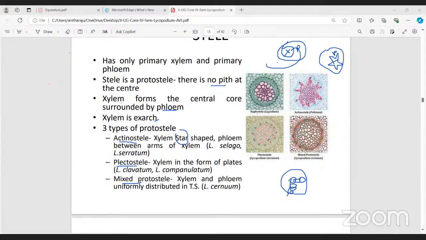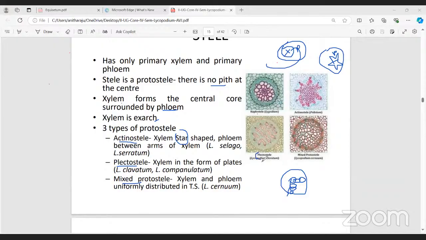Next one, plectostele. Plecto means plate-like. Have you done section cutting today? If you observe after section cutting, the material given in our university, Lycopodium, is plectostele.